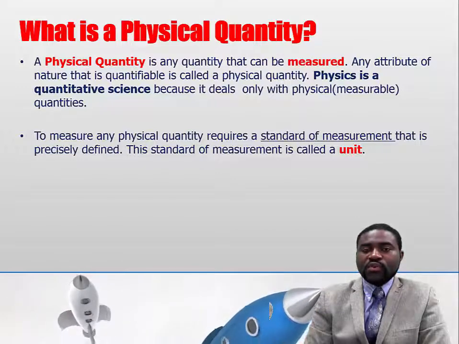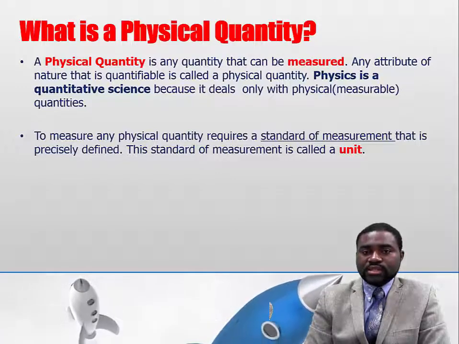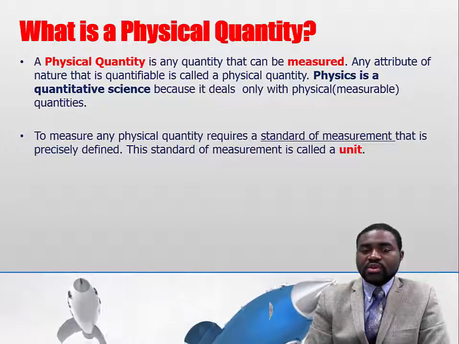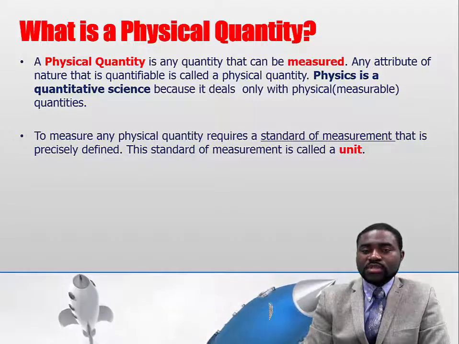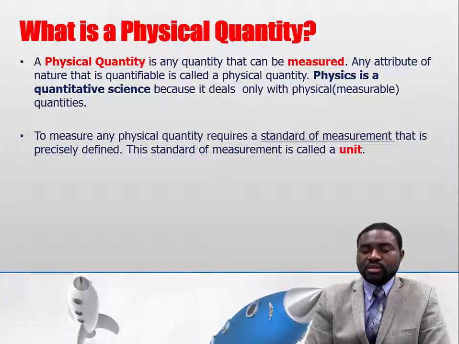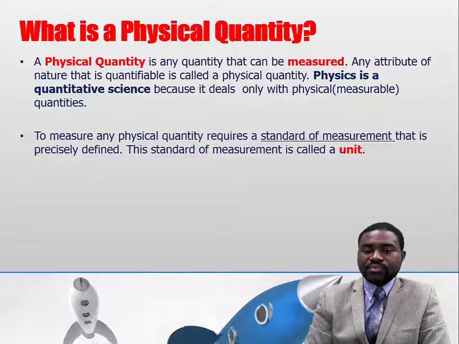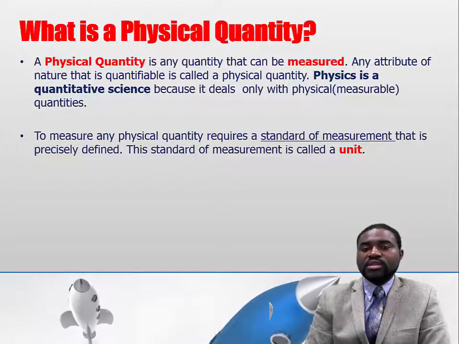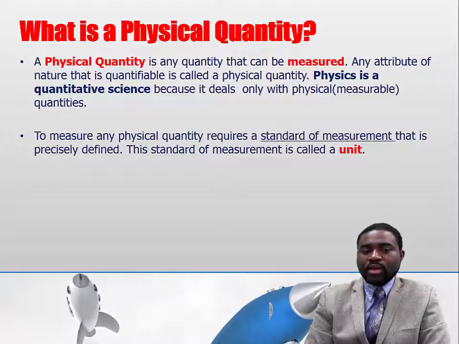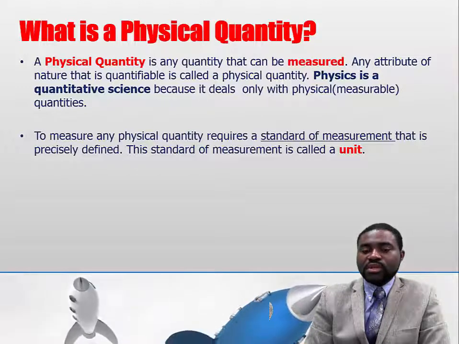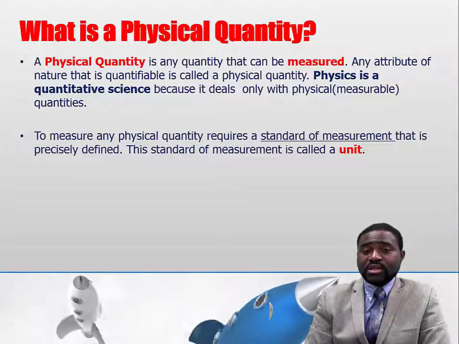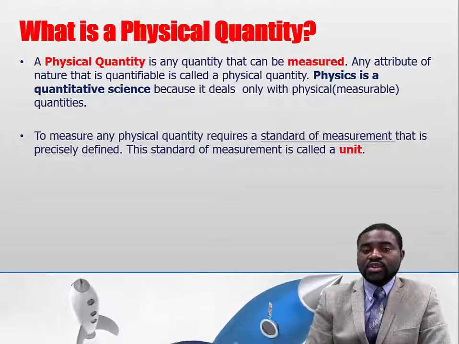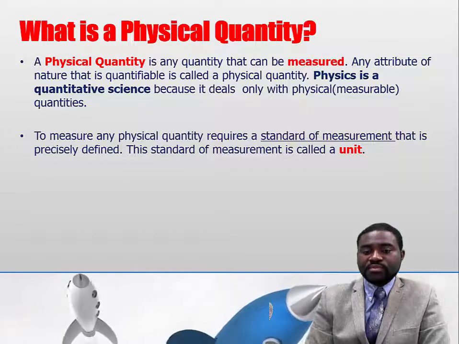Now, for measurement to make sense, one of the objects being compared must be known, and that object is known as the unit. In other words, for measurements to make sense, you must be able to identify the unit of measurement.